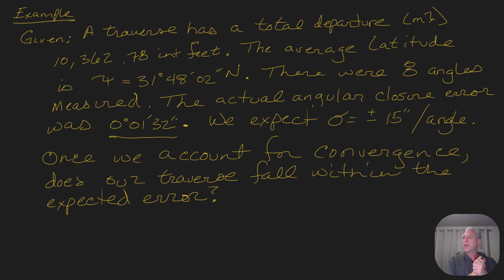So a couple of things. We have all this data. We have measurements. We have standard deviations. And we need to figure out 3 things really. 1, what is our convergence? 2, what is our misclosure once we've accounted for convergence? And then 3, does it fall within the expected error?